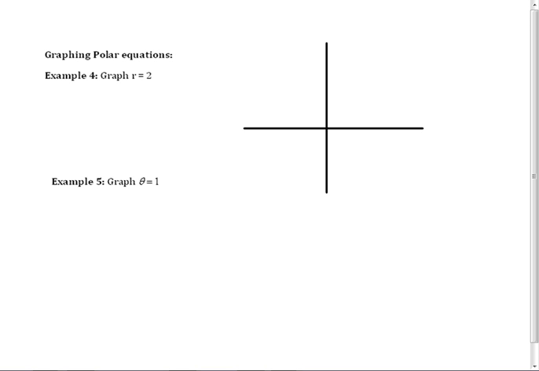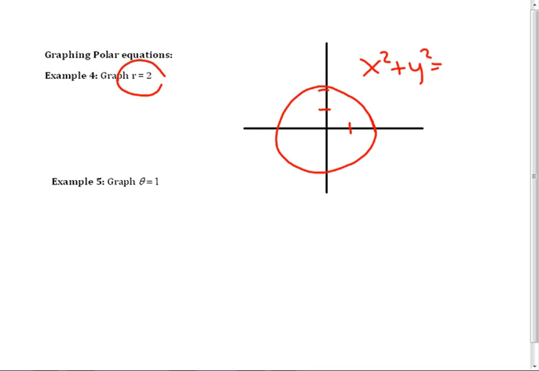The radius is going to be 2. I want all the points where the radius is 2. Isn't that a nice way to write the equation of a circle, as opposed to x squared plus y squared equals 4? That's why we have polars, because a lot of times it's easier to represent something in polars than it is in Cartesian.